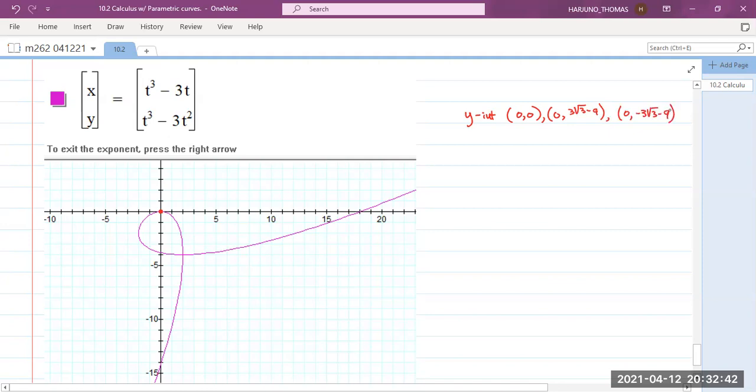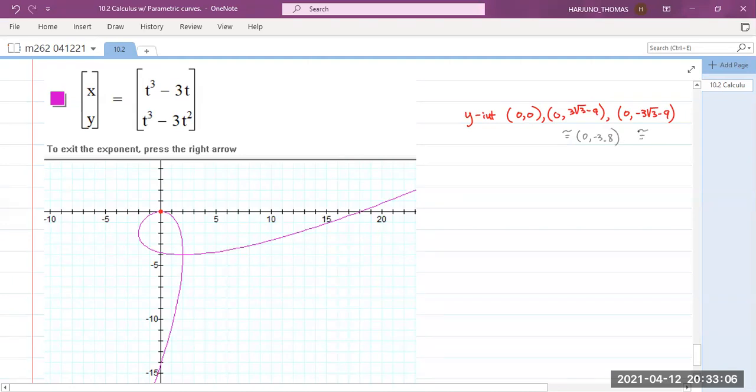Let me use my calculator to estimate that. Negative 3.8. So this is approximately 0, negative 3.8.